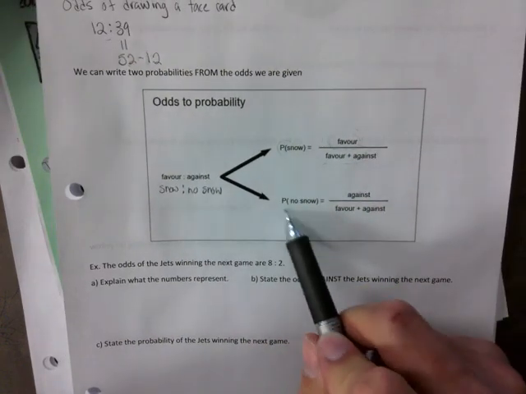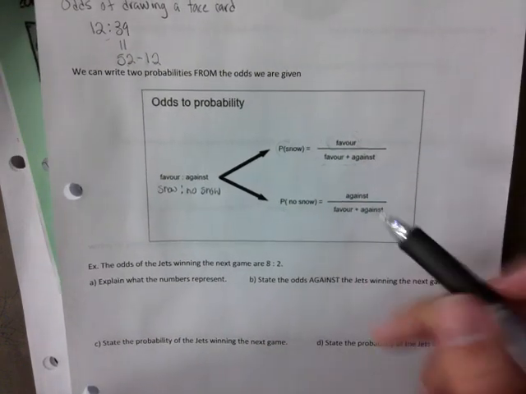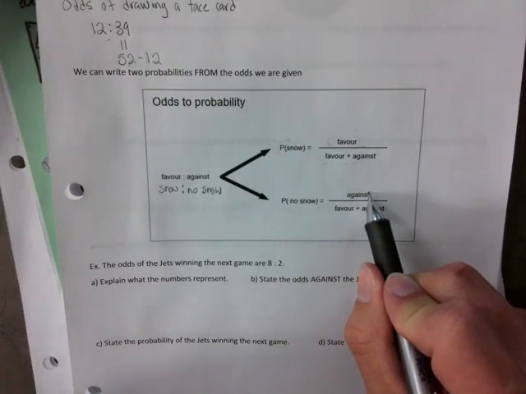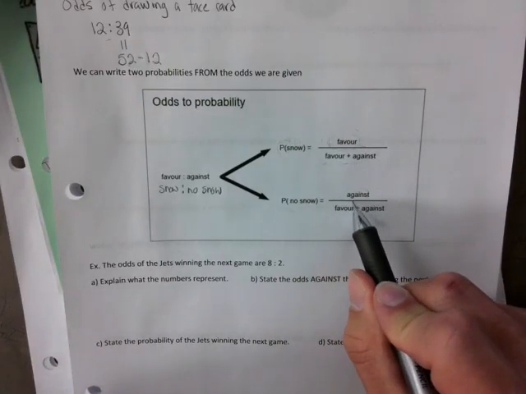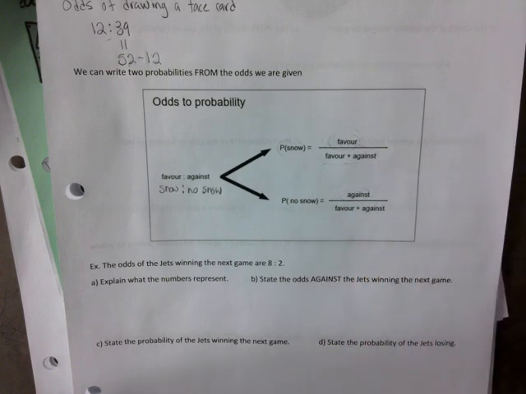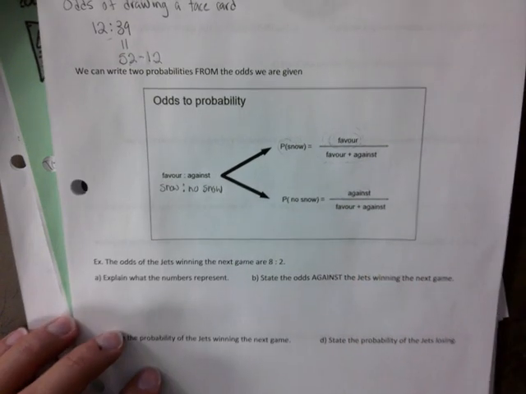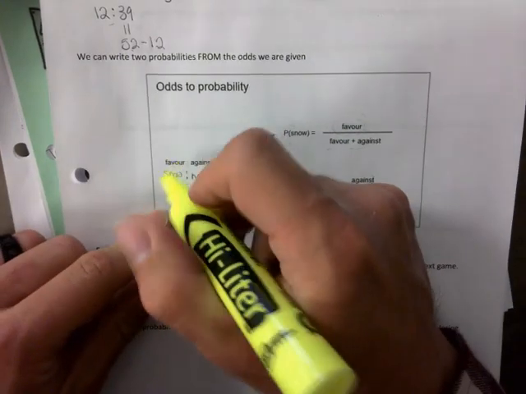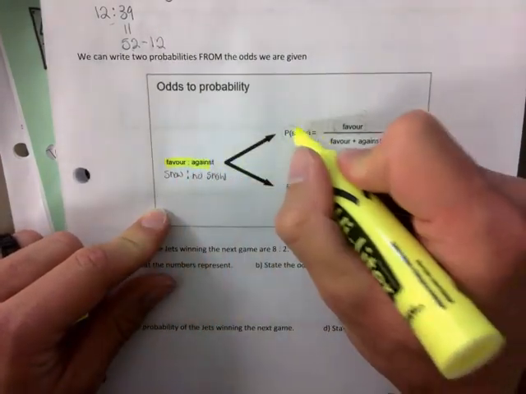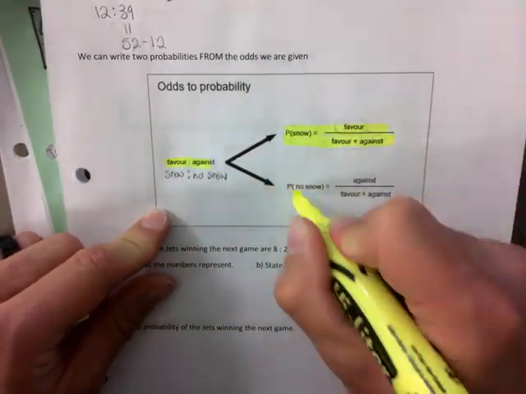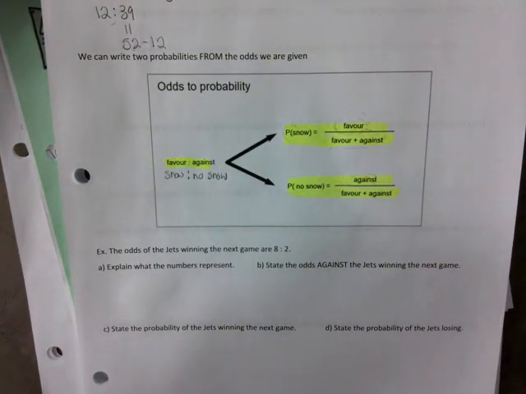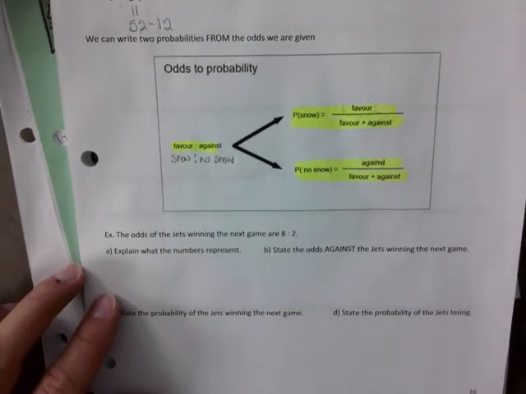And then for the probability of there being no snow, it's just against, the opposite of what's in the numerator. So this is just converting odds to probability, and then we'll look at how to convert the other way around.